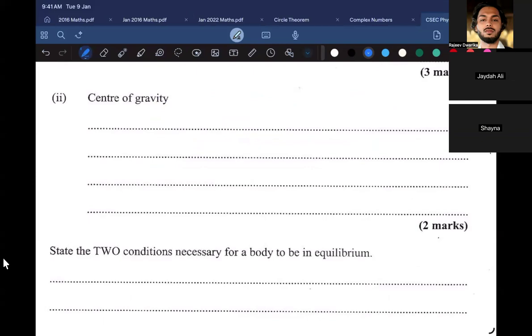If I have a pencil and you take your finger and support the pencil directly at the center, what's going to happen to the pencil? Jada? Long story short, you'd be able to balance the pen.